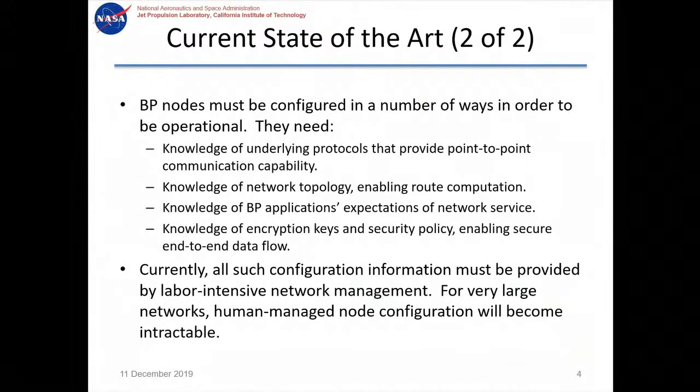You need these kinds of information resources at every node. You need to know what are the underlying protocols that you can use for point-to-point transmission, in the same way that in the internet you need to know whether you're using SONET or Ethernet or FDDI. You need to know the network topology, the four-dimensional network topology. When are the contacts going to arise? What are the limits on the transmission rates on those contacts? When are they going to stop?